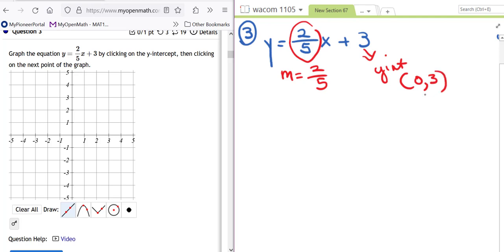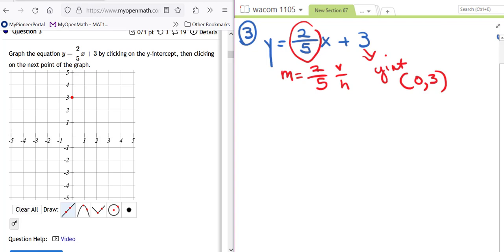When you're going to graph with that, you always plot the point first and count with your slope. So we need to use the line tool, and we have to do the point first. So at 0, 3, we are here, and then we're going to count with slope. The numerator is vertical change, so this is vertical over horizontal.